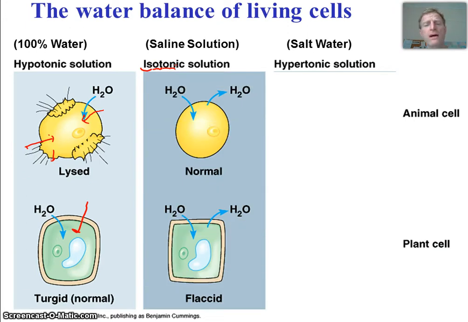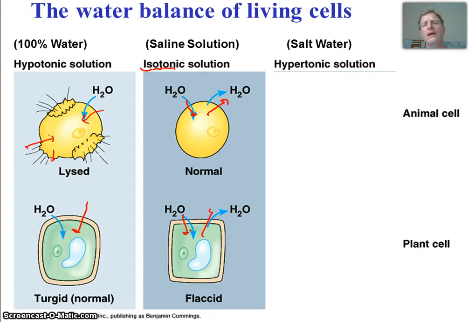So in an isotonic solution, we have the same concentration of water inside as outside of our cells. Water is moving in at the same rate water is moving out, and we get no net change. And in a plant cell, same thing occurs. Water in, water out. Flaccid just means it's not pressurized, but it's not shriveled up either. It's in sort of this isotonic condition where diffusion of water is occurring, no net flow though.